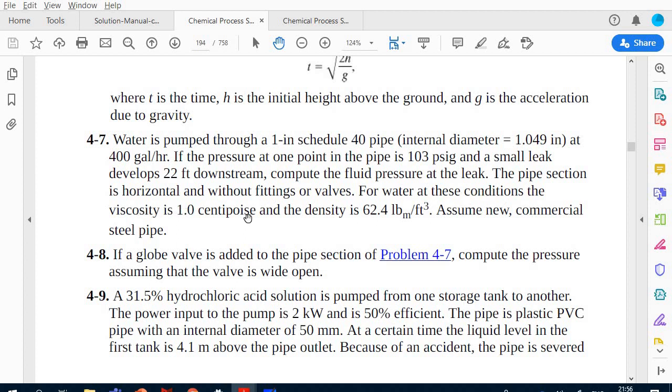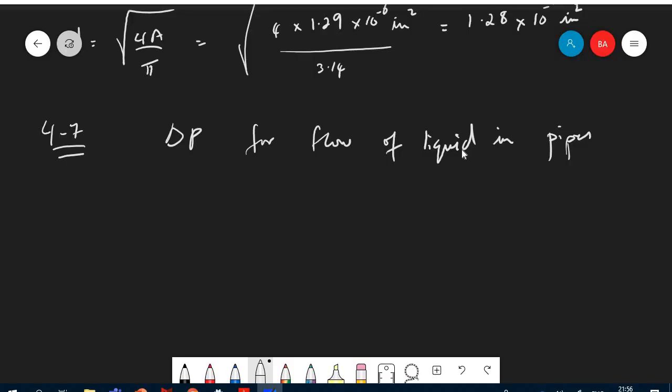For water at these conditions, it gives us the viscosity and density to calculate the Reynolds number, so that with the Reynolds number, the roughness and the internal diameter, we can find the friction factor. So we can find F, KF, and F. Finding from the Reynolds number and from the roughness, we can get the value of F.